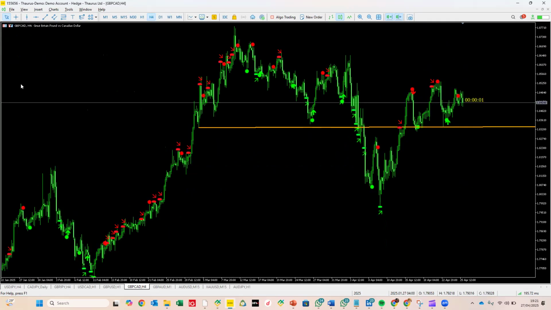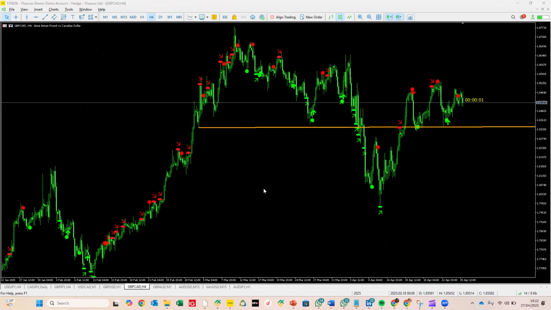But if you are going to be trading it, anytime CAD is strong, you want to take it all the way to this level. And then when GBP is strong, you want to look for a buy position. That's just what I'm going to be saying regarding that, nothing else.